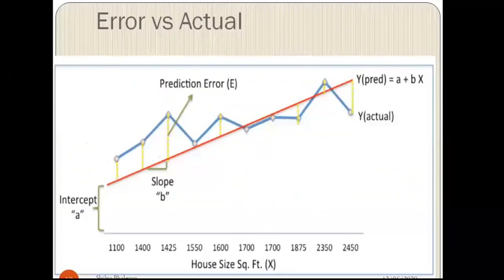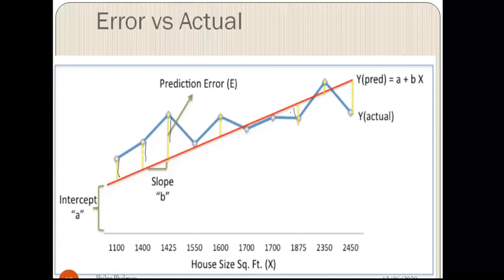So we have predicted a line. We calculate the difference, we calculate this difference, and this difference, we square these differences, add them, and divide by the number of values in the data set.